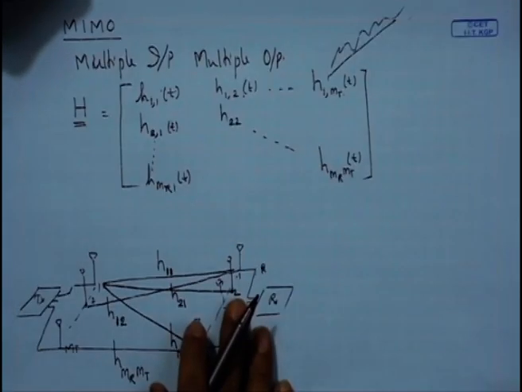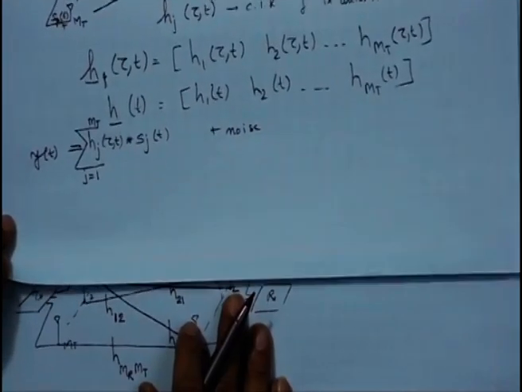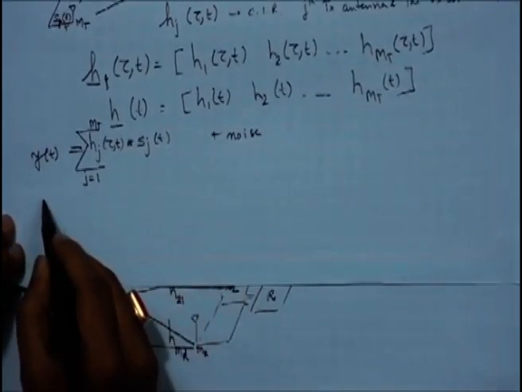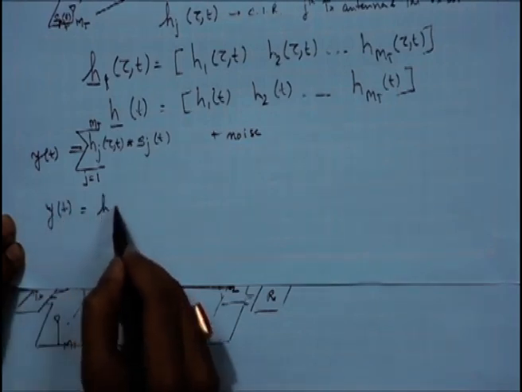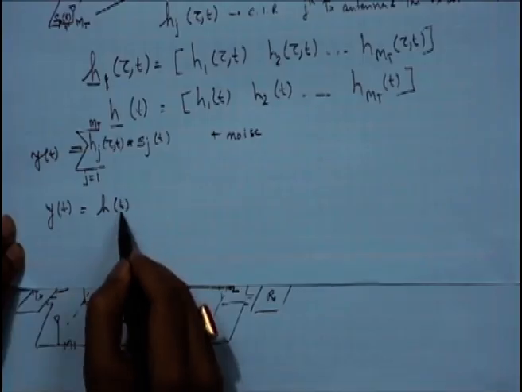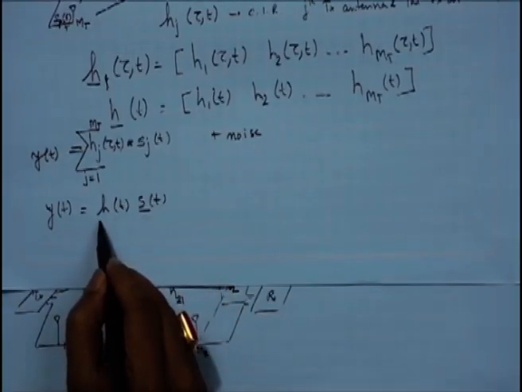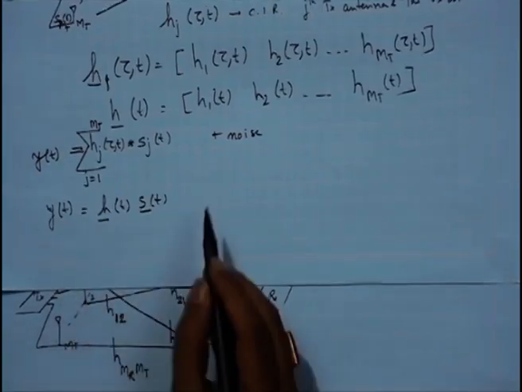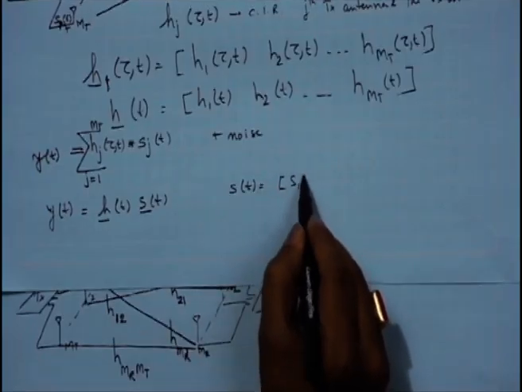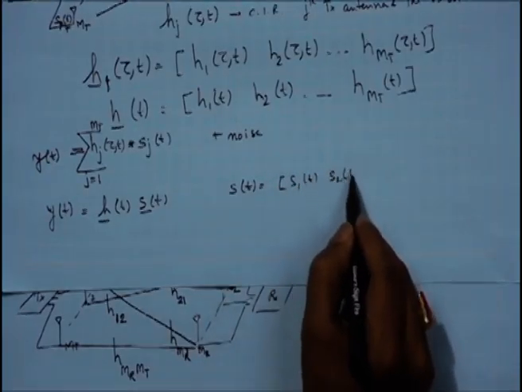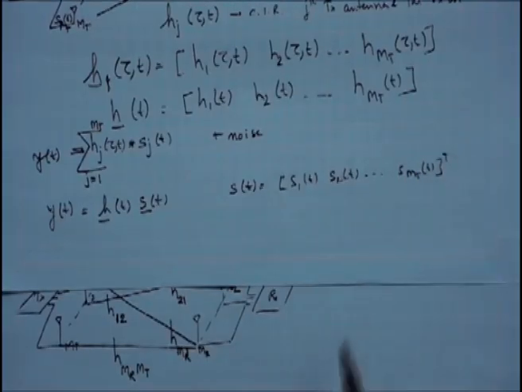So I'd like to go back a little bit when I say the multiple input single output. In this case, in vectorial notation, we could write it as y(t) = h(t) s(t), where s(t) is given by [s1(t), s2(t), up to s_MT(t)] transpose.